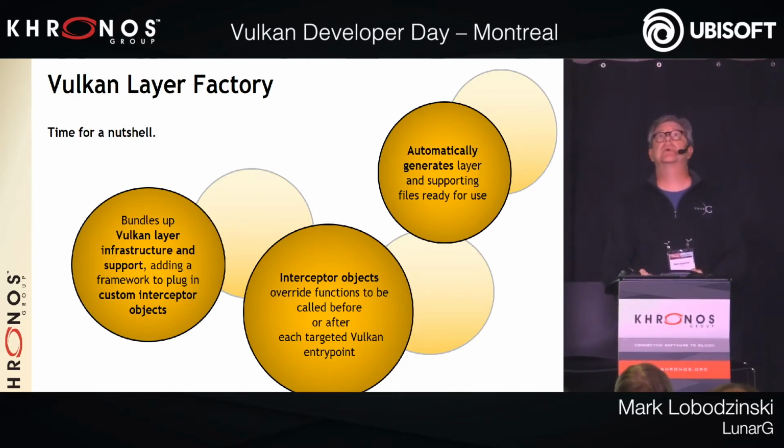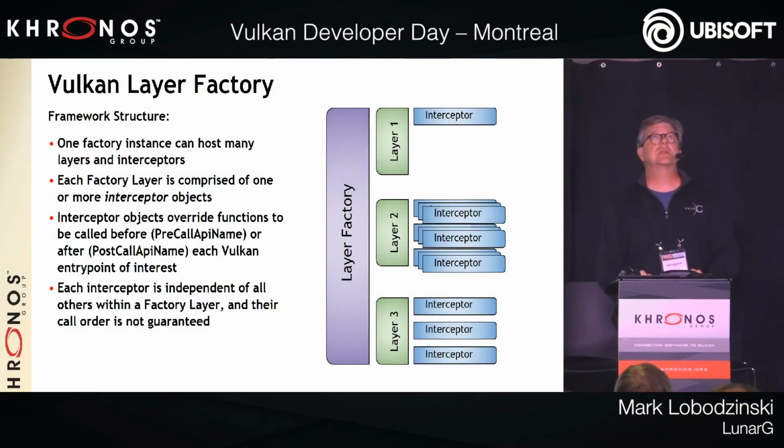So the structure is that you have different layers, and layers can have any number of interceptors. And all an interceptor is basically a structure with the API targets that you want to intercept in your layer and operate on.